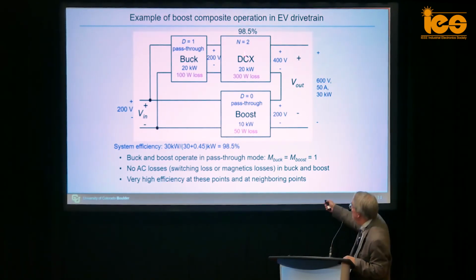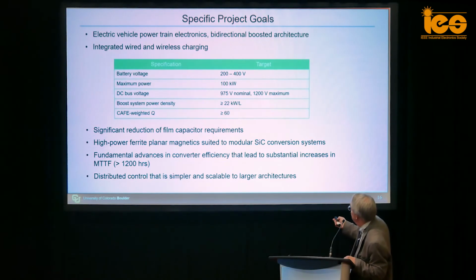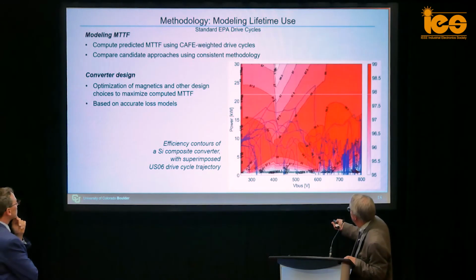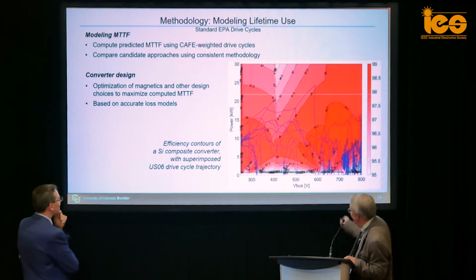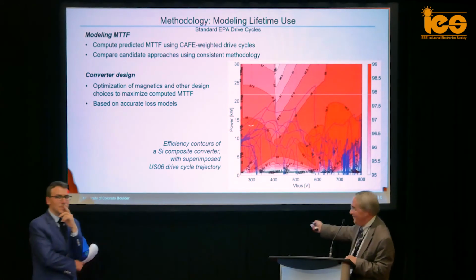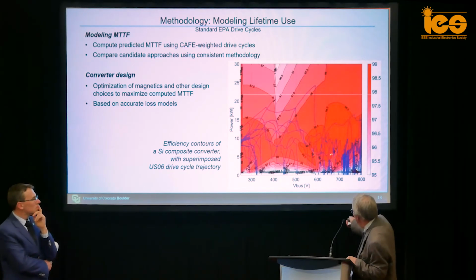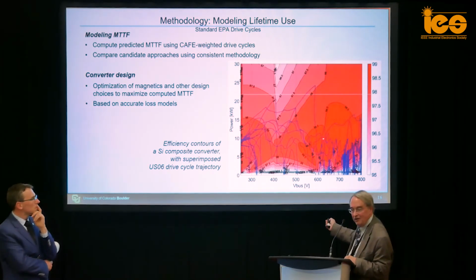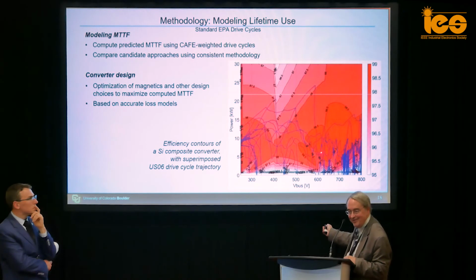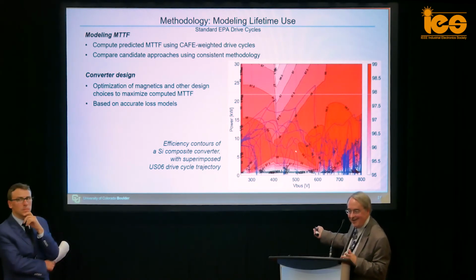So one of the things we do is choose that turns ratio so that when you go through all these trajectories, you have the highest efficiency at the places where you spend the most amount of time over the lifetime of the car.